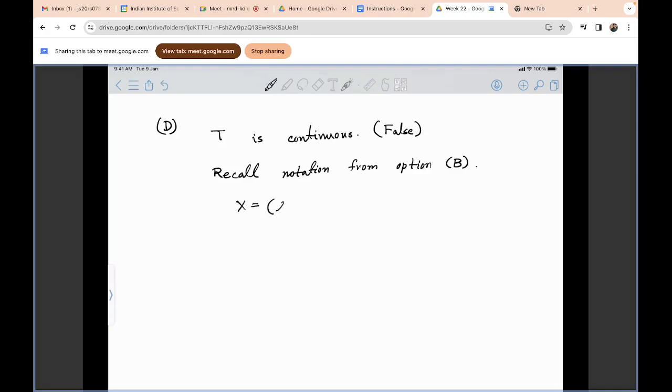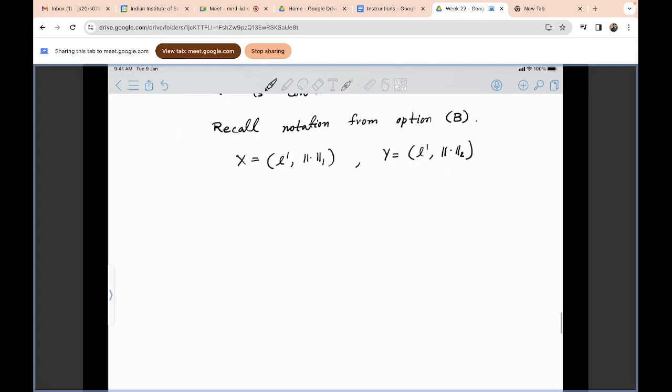X is L1 with respect to the L1 norm. Y was L1 with respect to the L2 norm. Now here we will switch between X and Y. There we defined T from X to Y. Now we will define T from Y to X, again the same map, T of x equals x, the identity map.